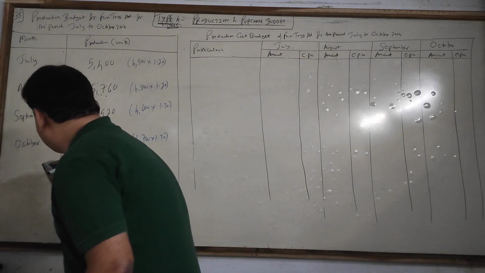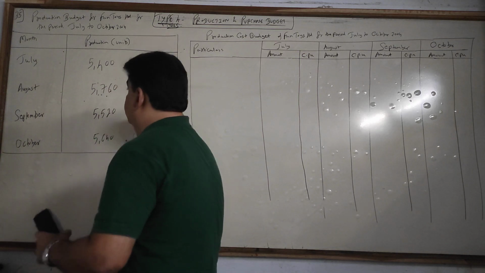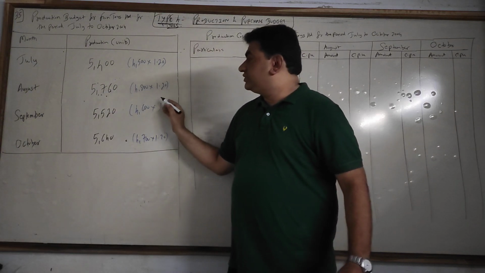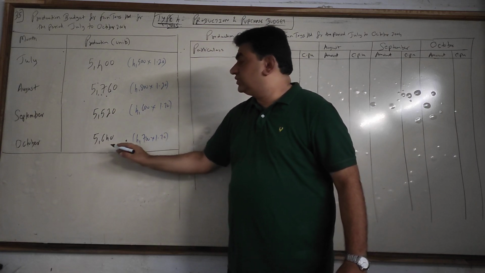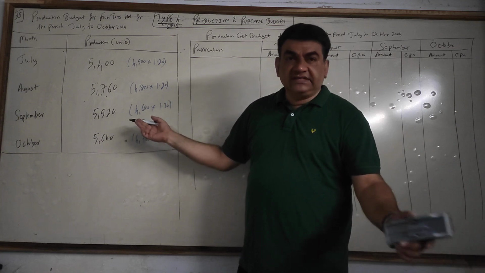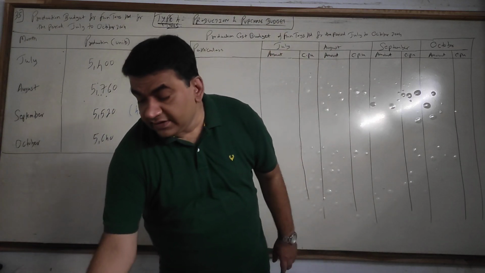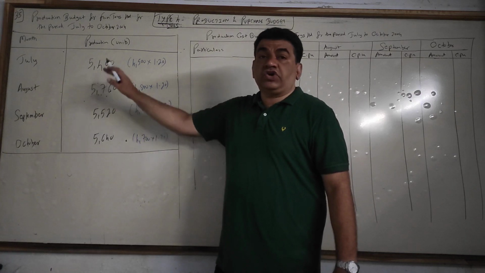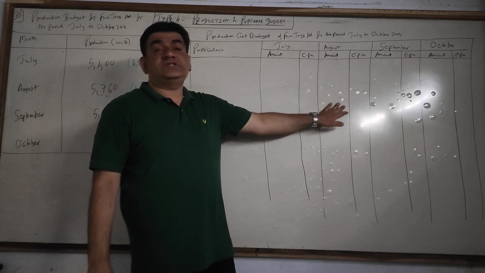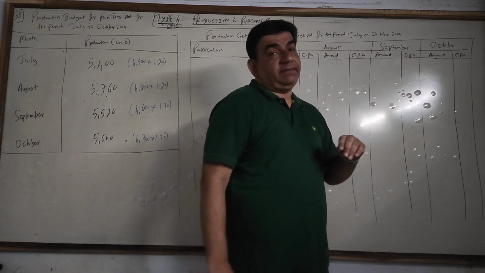What I told you, that I made the table a bit bigger. No need for any total, because this is independent. July this much, August this much, September this much, October this much. I told you to leave a line for presentation. Even if you don't leave a line, it is fine. Got it, guys? Remember, this is very important, because on the basis of units of this particular table, the production cost table will be prepared.